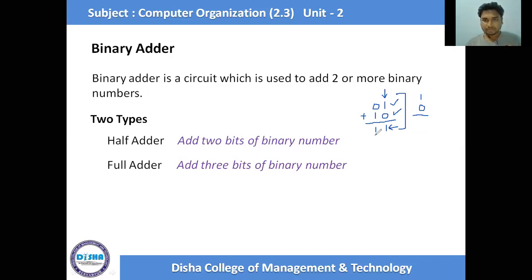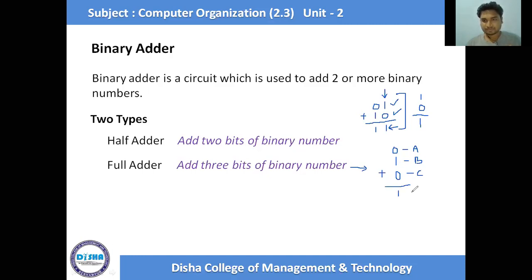But in case of a 3-bit number, suppose the addition is like that: 0 1 1. If I add this 3-bit number, the first bit is called A, the second bit is called B, and this is called C. When I add this A, B, C, I will get the final result as 1.